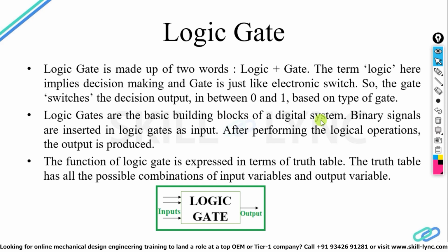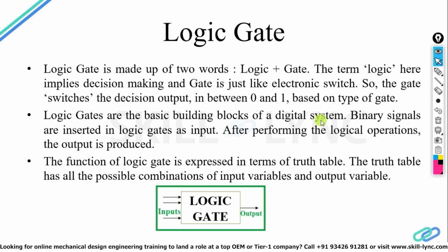Here the inputs will be in terms of zeros and ones, because binary signals are inserted in a logic gate as input, and binary signals have only two values, 0 and 1. Binary signals do not have any other value except 0 and 1. After performing the logical operations, the output is produced and the function is expressed in terms of a truth table.